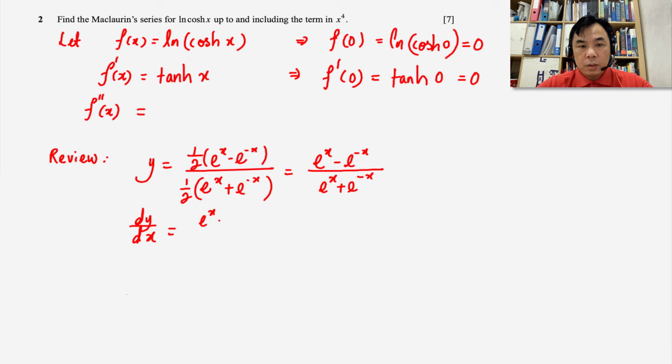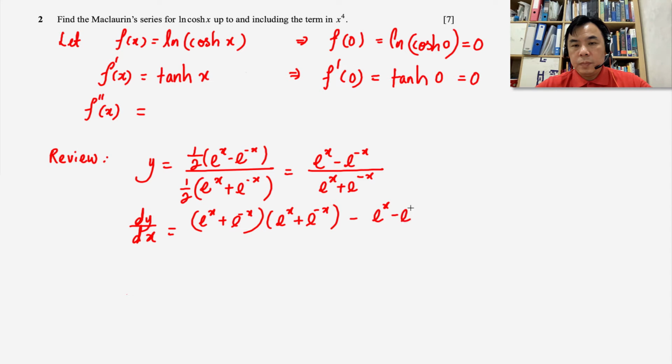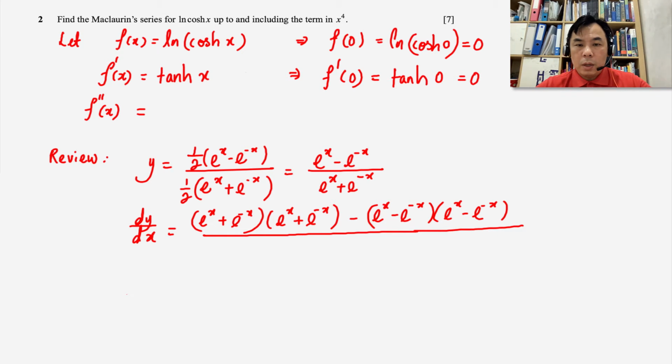I will get, and then subtract off, and then differentiate this. And then at the end, I need to copy down my denominator squared. All right, and then the numerator, of course, you can simplify quite easily.